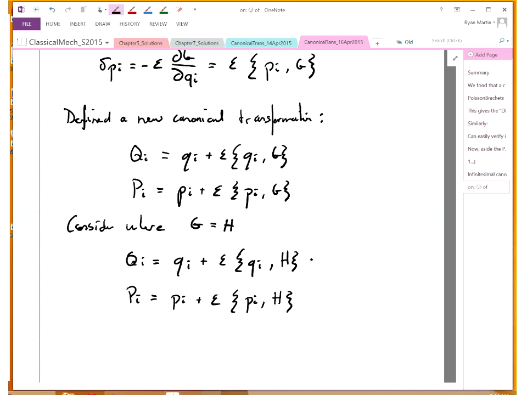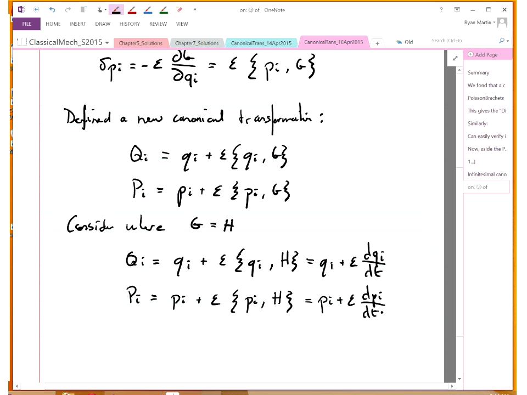But what happens when you take the Poisson bracket of something with the Hamiltonian? You get the time derivative of that thing. So that's equal to qi plus epsilon, and instead of writing qi dot, I'm going to write it explicitly as dqi by dt.